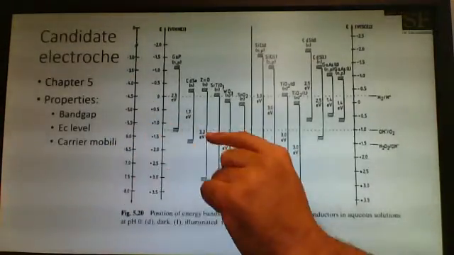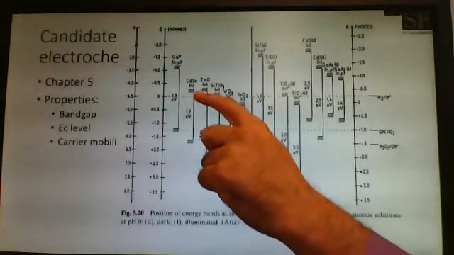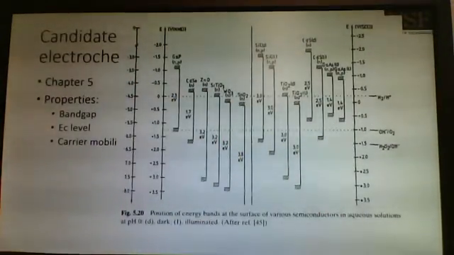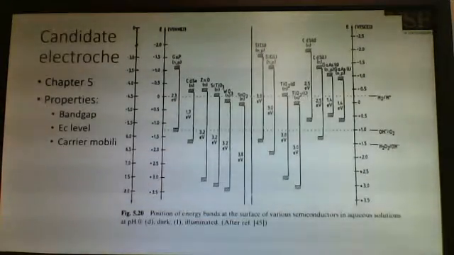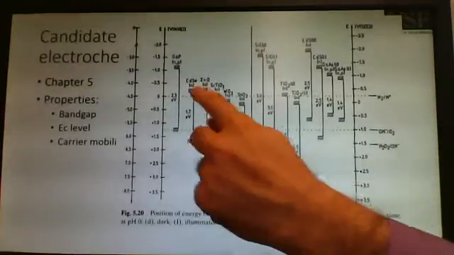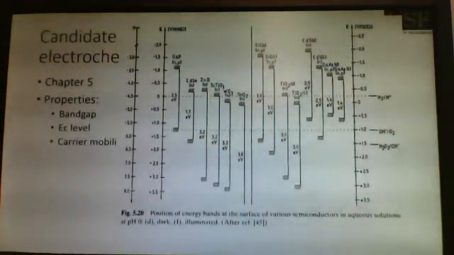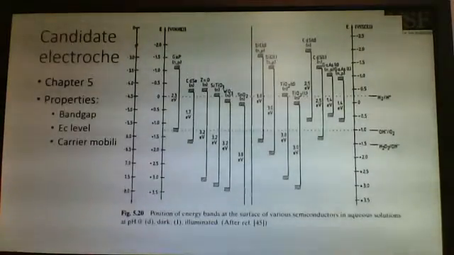So if you look at, for example, zinc oxide, it has about minus 4.3, minus 4.2 electron volt as the energy level of the edge of the conduction band versus vacuum. And because it has such a band gap, the valence band is standing at a lower level, at a higher energy with respect to the vacuum.